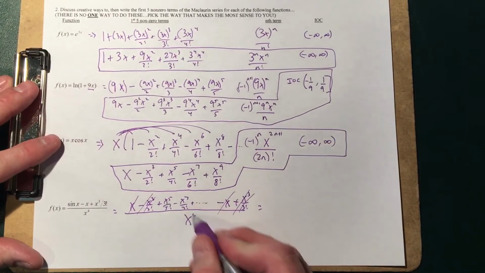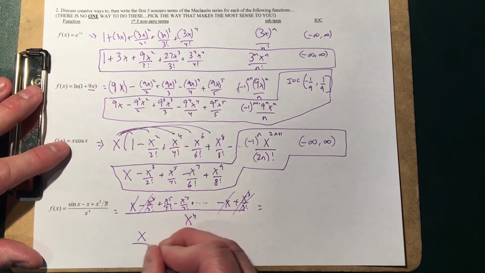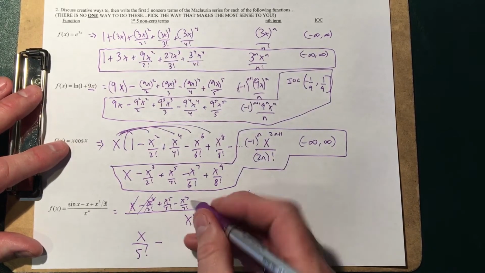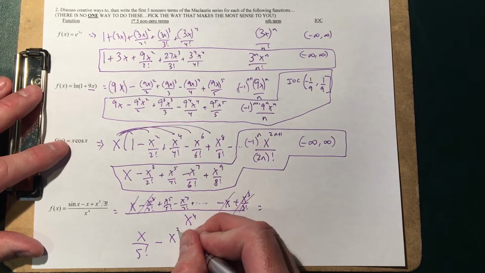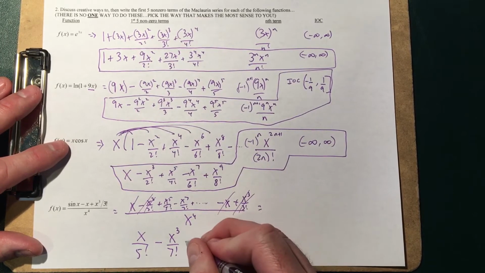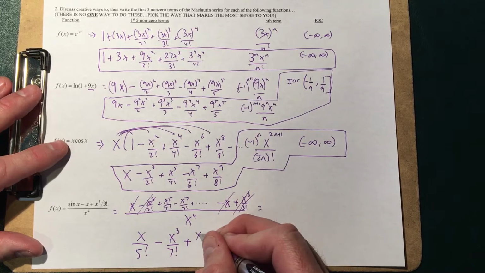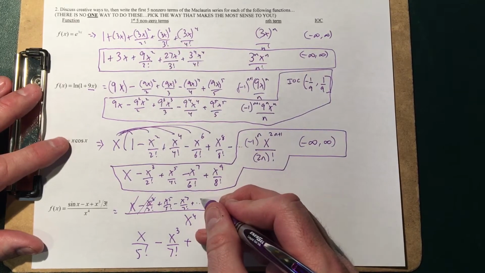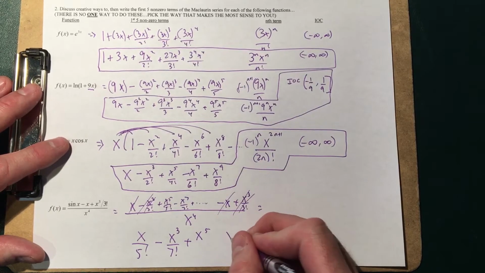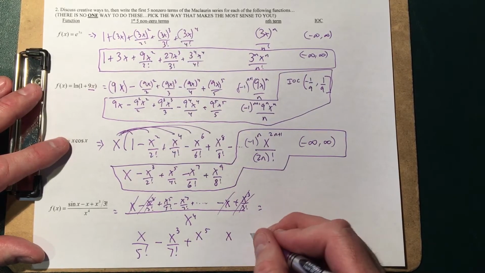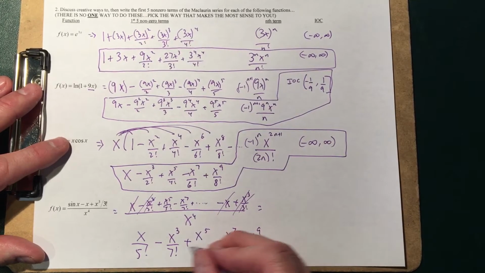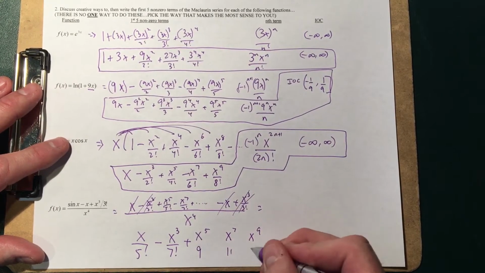So x to the 5th over x to the 4th is x over 5 bang. You can see that down there. Minus x to the 7th over x to the 4th is x cubed over 7 bang, plus x to the 9th over 4 is x to the 5th. I'm going to do the powers really quick. The powers are 1, 3, 5, 7, 9 over 4, so 1, 3, 5, 7, 9, and the bangs are 5, 7, 9, 11, 13.